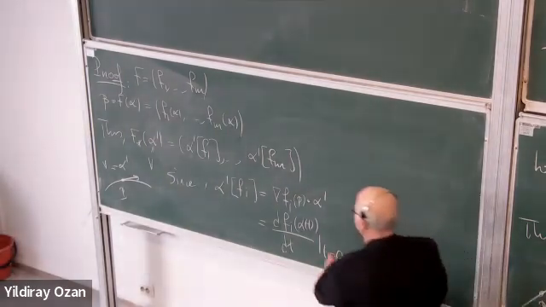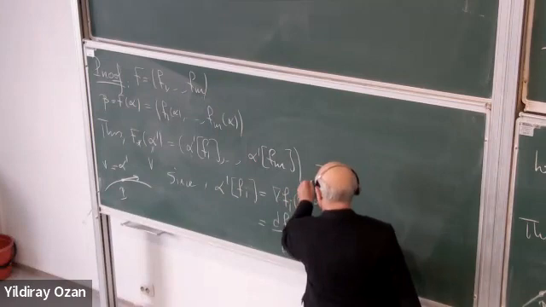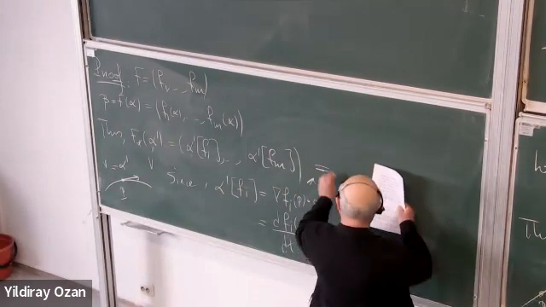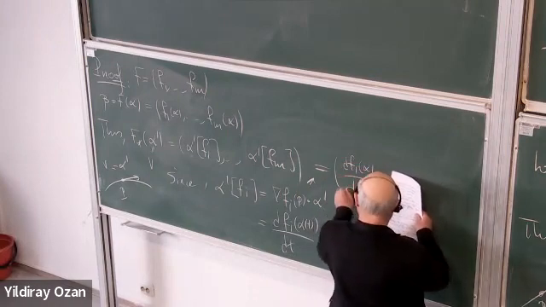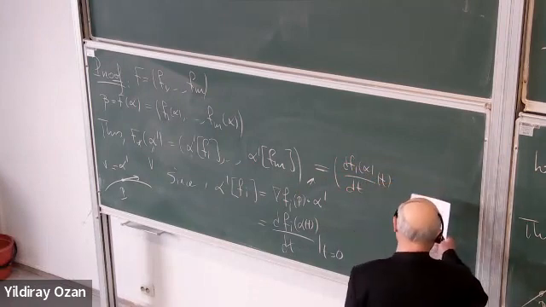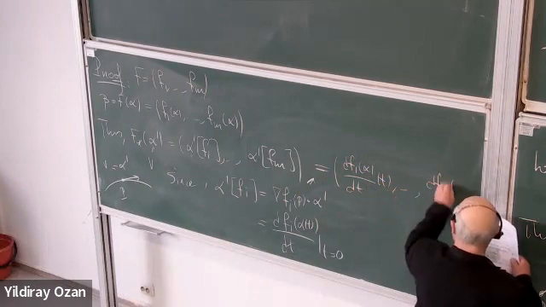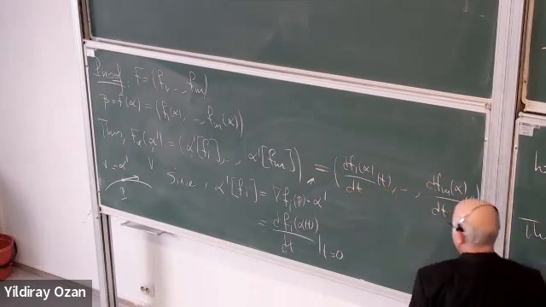Okay, we have this. Therefore, this gives me the following. This is just d f1 of alpha over dt, up to d fm of alpha over dt. But what is this?